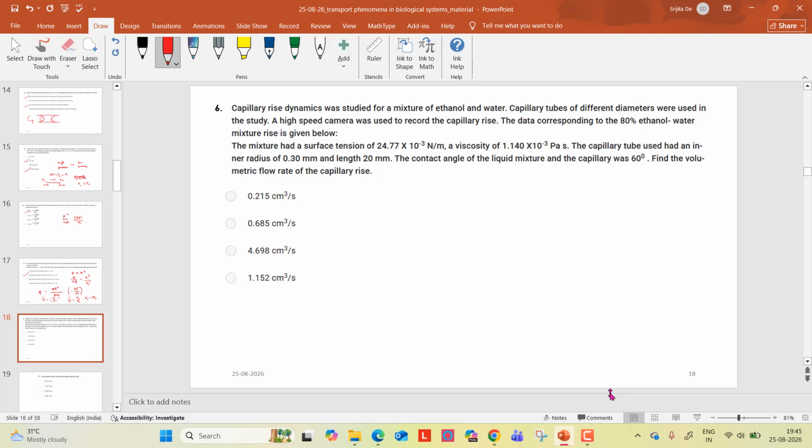The mixture had a surface tension of 24.7 and a viscosity. The capillary tube used had an inner radius of 0.3 millimeter and length 20 millimeter. The contact angle of the liquid mixture and the capillary was 60 degrees. Find the volumetric flow rate of the capillary rise.